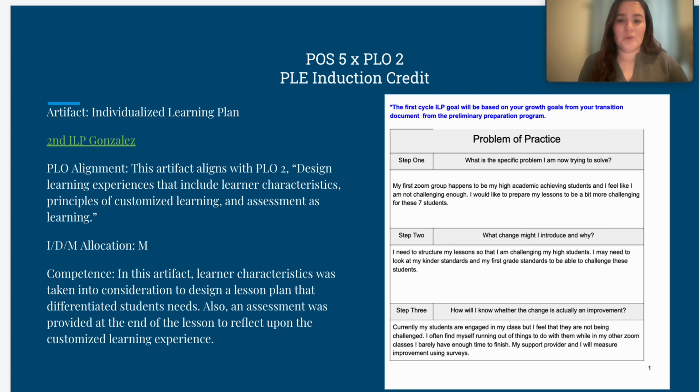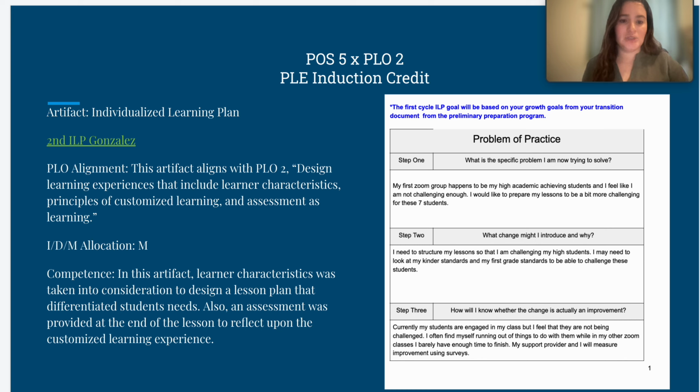My next one was my PLE induction credit. And for the artifact, I chose an individualized learning plan. And in here you can see a sample of my learning plan. Basically, for this, I had to create my own problem that I wanted to solve.